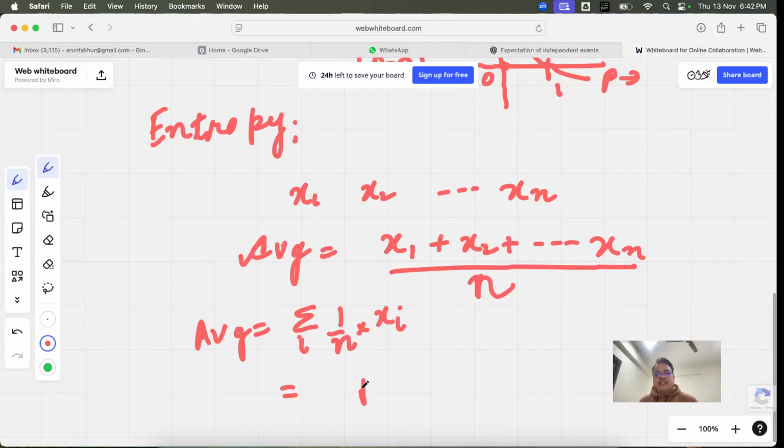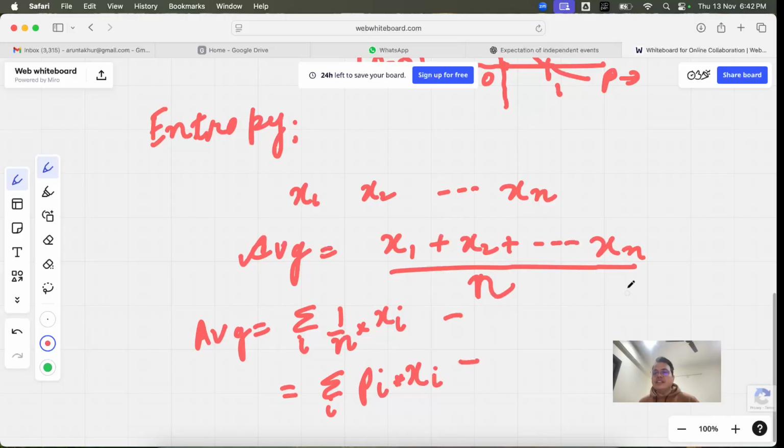Then we denote it by pi, because it is a distribution over these numbers, and we multiply that probability with xi, which is the value, and sum it over i. It is the same formula in just a different representation.